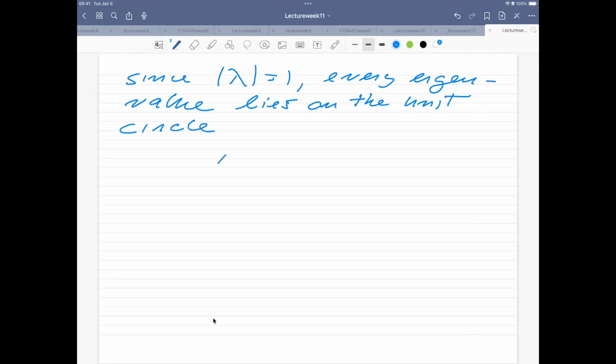Which means then that we have lambda equal to e to the i theta, and the phase is periodic.